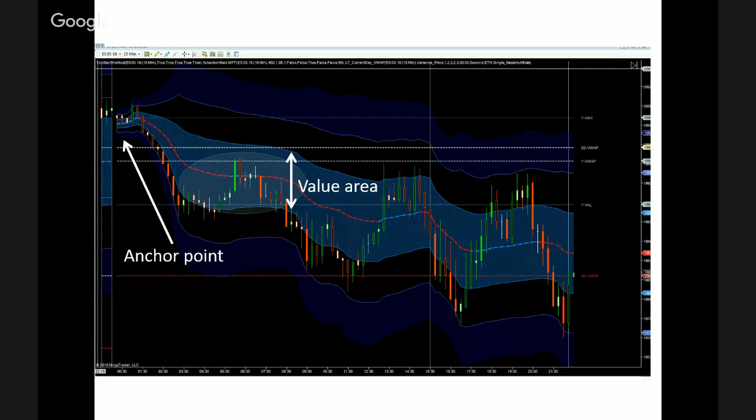So obviously we know that there will be significant price action when the market is at this level, because a lot of institutional traders will be looking to buy or sell, and when there is institutional participation, obviously the market is more likely to move.